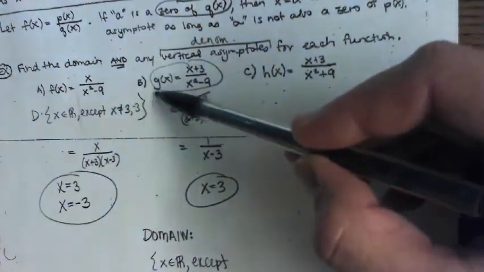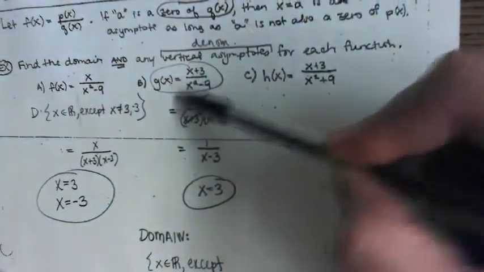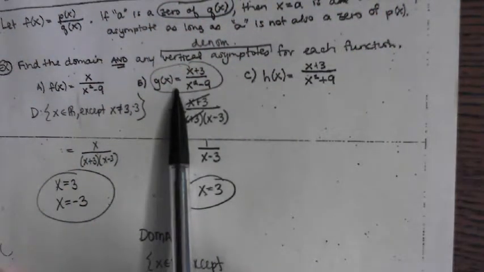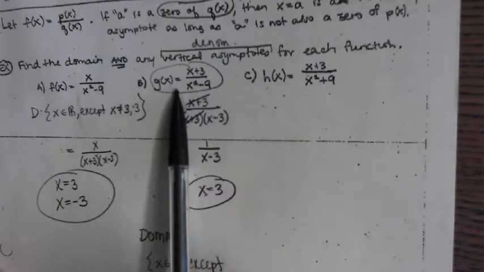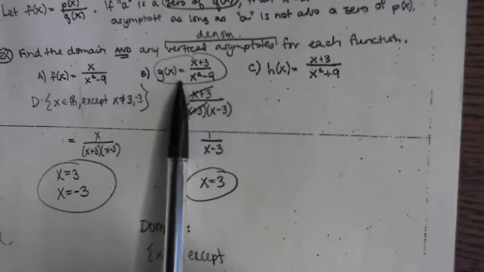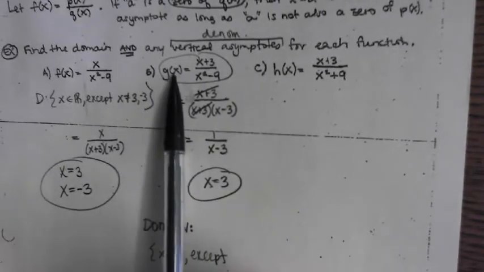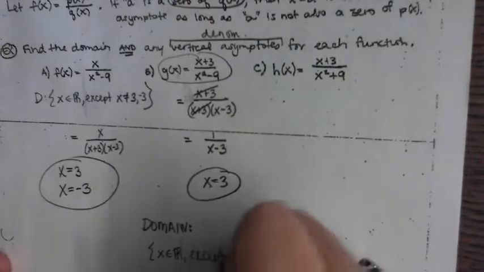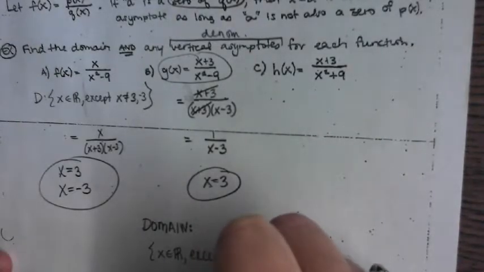What is the value of g of 3? Bridget, what's g of 3 going to give you if you plug in 3? What over what? 6 over 0. Is that okay? No. Of course not. So x cannot equal 3.